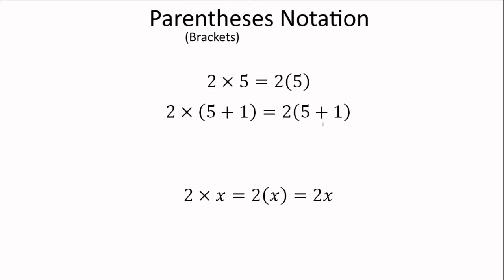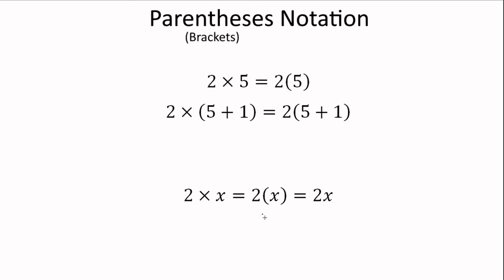We can take that a step further. We remember that 2 times x, when you multiply in algebra with letters and unknown variables, you don't need the multiplication symbol, so we just have 2x. But remember, we also just said that you can write 2 times x as 2 and then x in brackets.